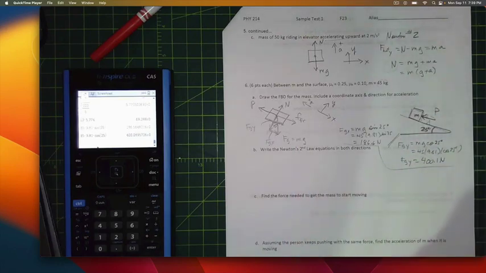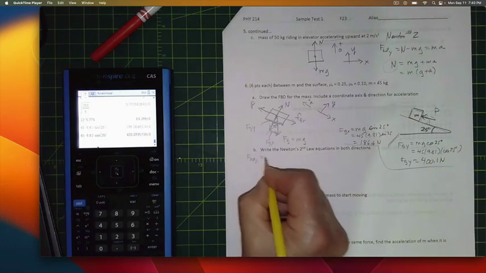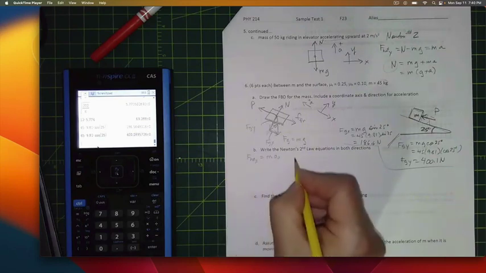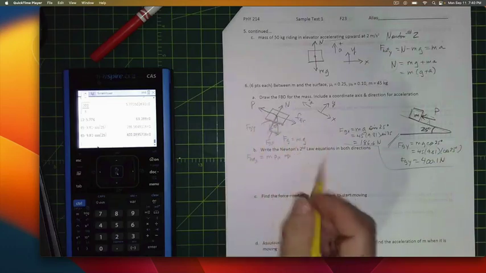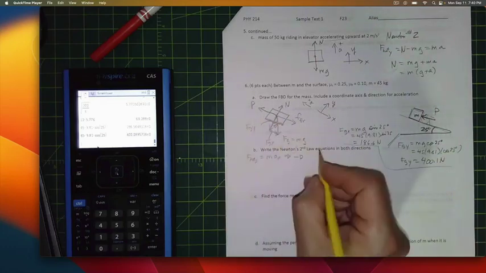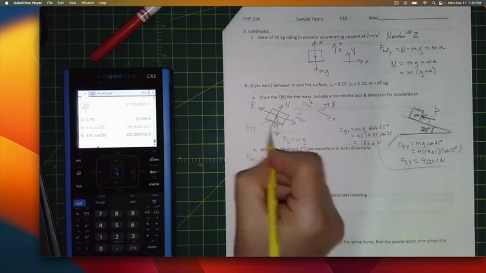Part B, write Newton's second law equations in both directions. So we'll do F net in the x direction equals m a in the x direction. All right, so doing that, let's look at the x direction here. We've got negative P, because it's going against x, plus F of friction, because it's going in the same direction.